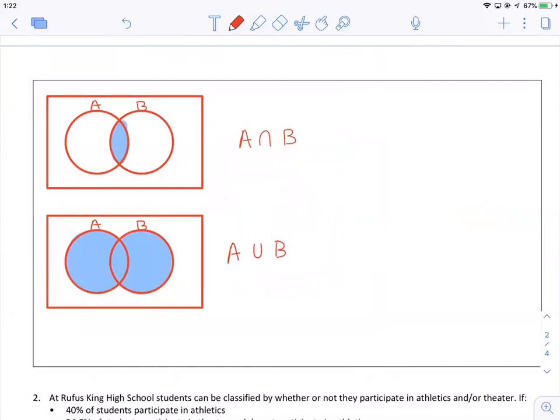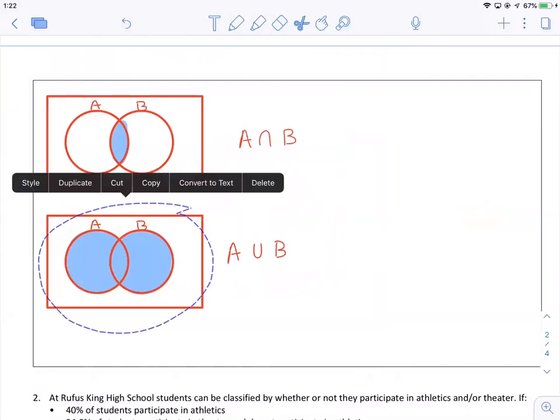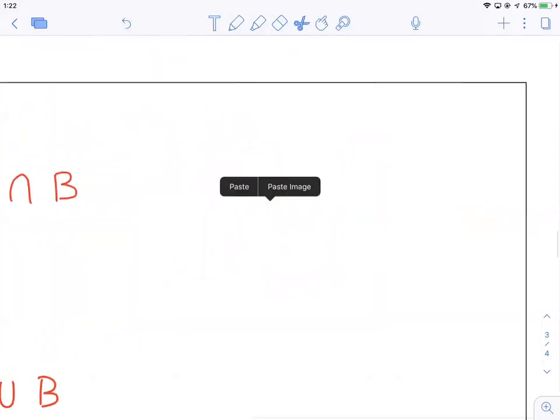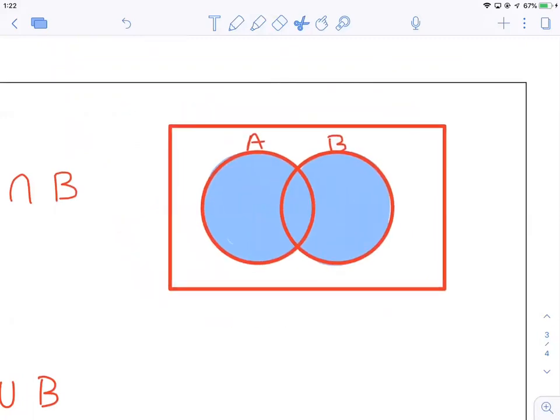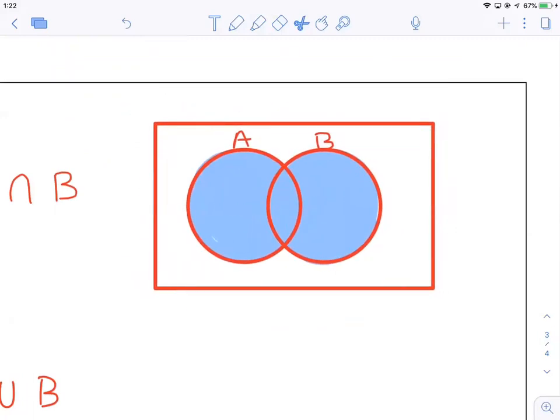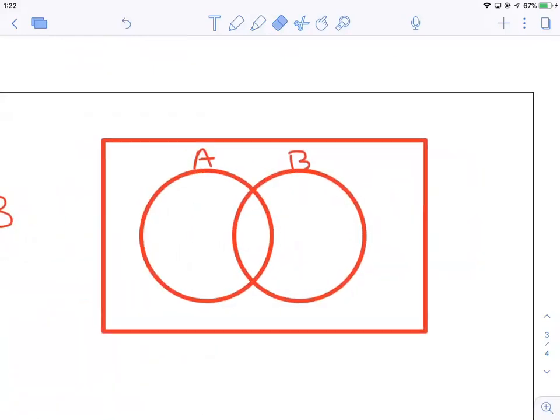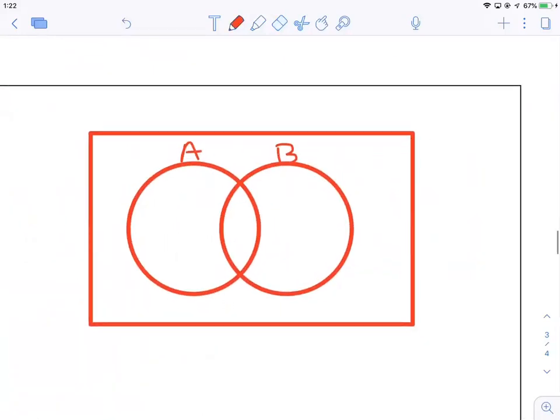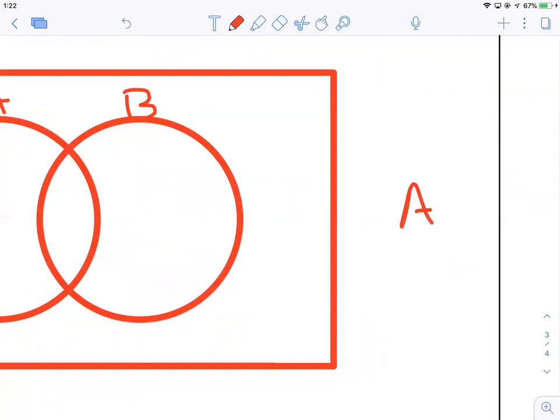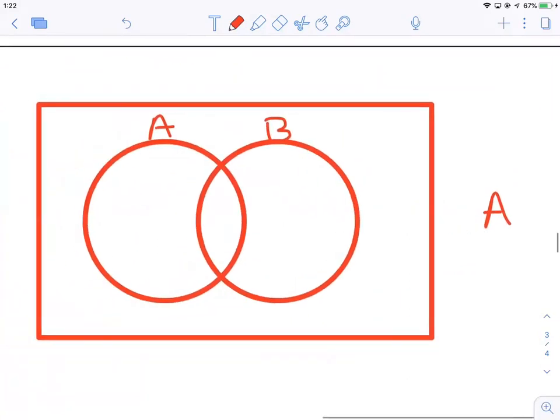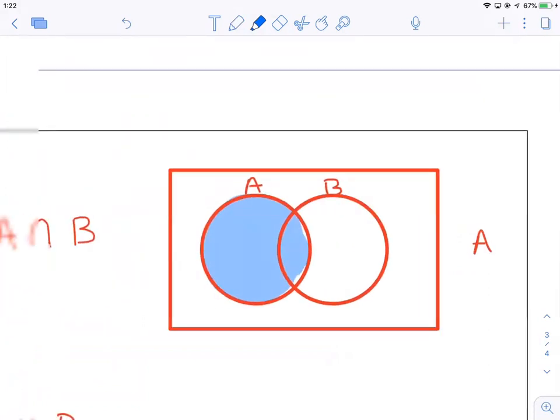Right, and what if we wanted, I'll do a couple more. I could do a whole bunch of these. But what if I just asked for event A? So event A would just be all of that. I want to do just one more.